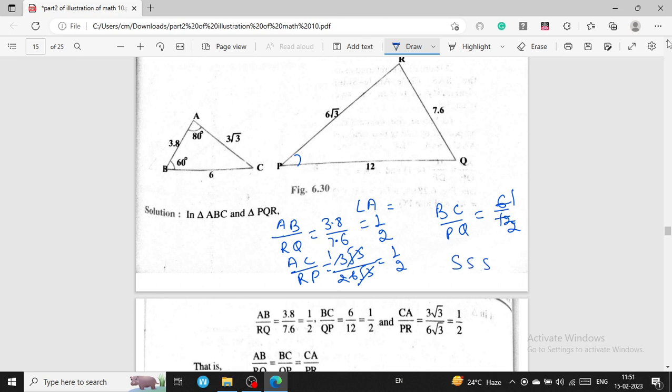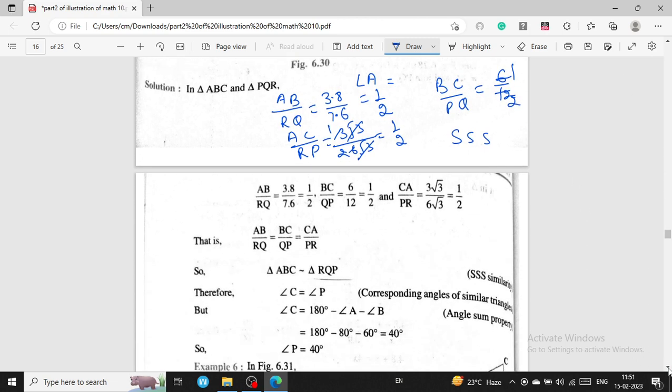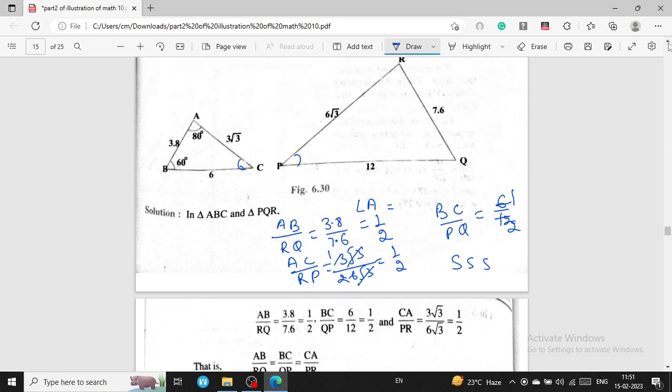Here the SSS criteria applies, and according to the SSS criteria, we can say that AB over RQ is equal to AC over RP is equal to BC over PQ, and so both triangles will be similar, and angle C is equal to angle P. First of all we have to find angle C. According to the angle sum property, angle C is equal to 180 degrees minus 80 minus 60, and we find 40 degrees is angle C, so angle P will be 40 degrees. You can write it like this.